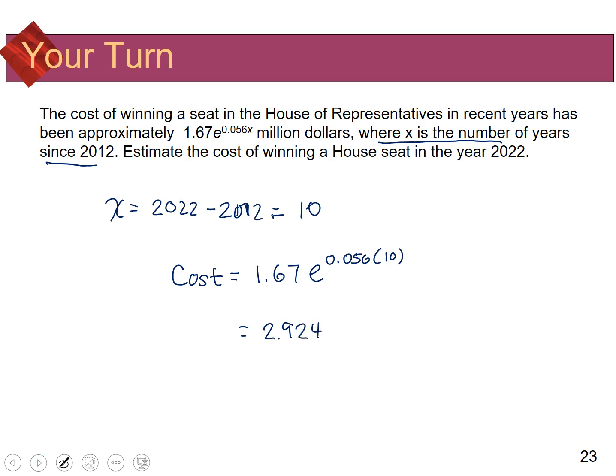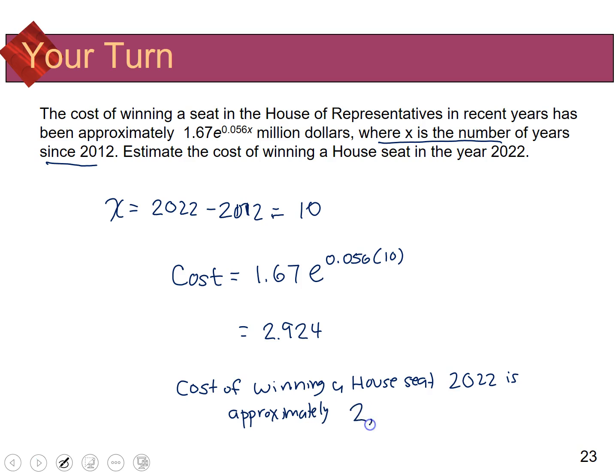So that means that the cost of winning a House seat in 2022 is approximately $2,924,000. So that's the answer to this question here.